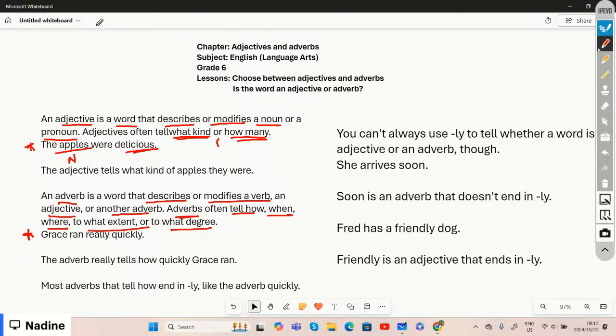So now we look for a word that tells us about ran. The question is, how did she run? Then we can say it is quickly. So quickly is our adverb, and that tells us how.